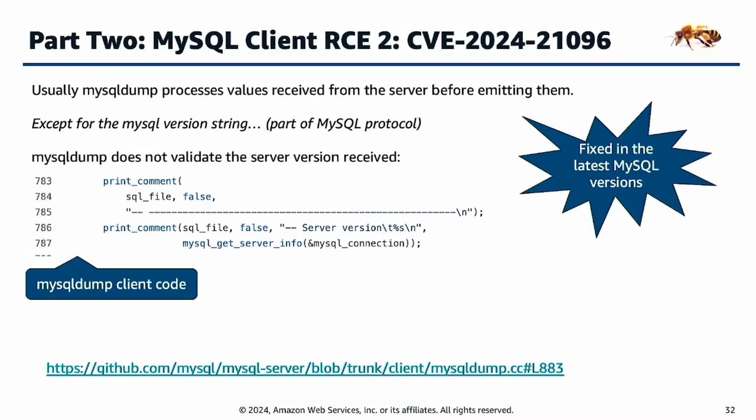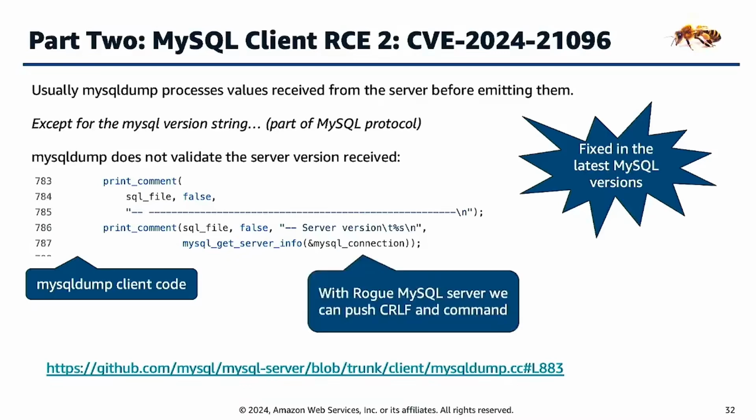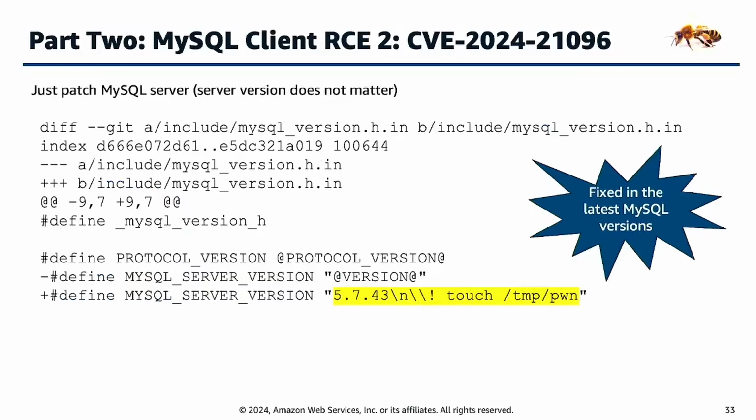We found this code where the MySQL client library, mysqldump in this case, checks the version of the server and doesn't escape it. It doesn't treat it as a string. It treats it as is. So if you create a rogue server out of that, and then push the end of line and our command, then we have a command execution.